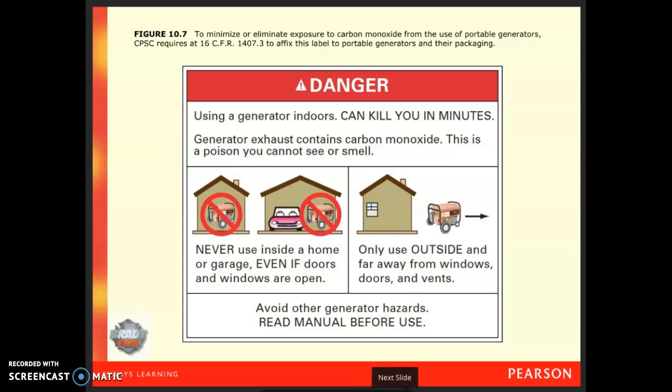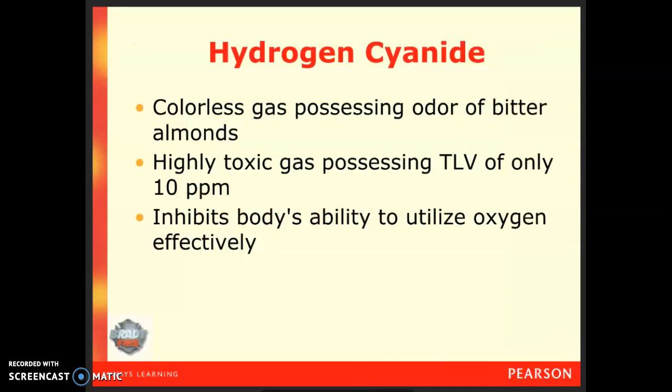So that's carbon monoxide. If we look at hydrogen cyanide, it is the byproduct of any kind of cyanide pill or other kind of relationship where the cyanide pill or the cyanide in the air reacts with water, and you end up getting hydrogen cyanide as a result. It is a colorless gas.